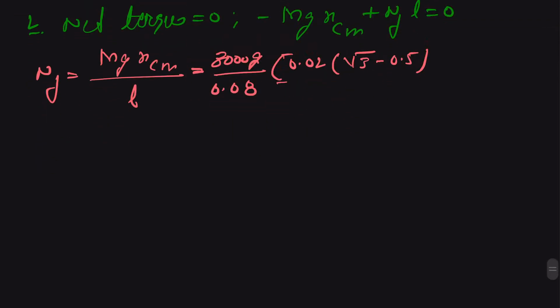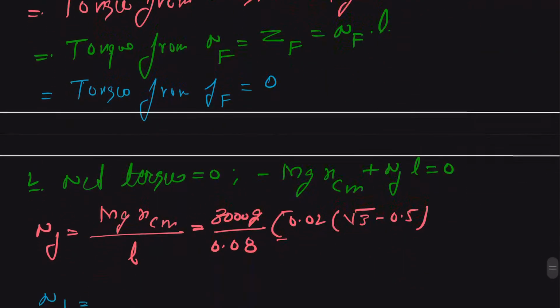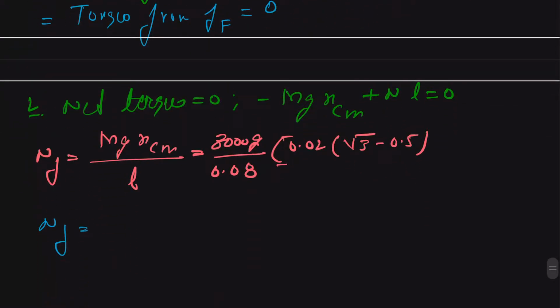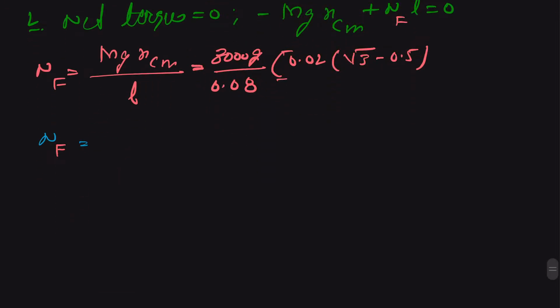So we get the normal at the front, capital F, will be equal to 375 g times 2 square root of 3 minus 1.